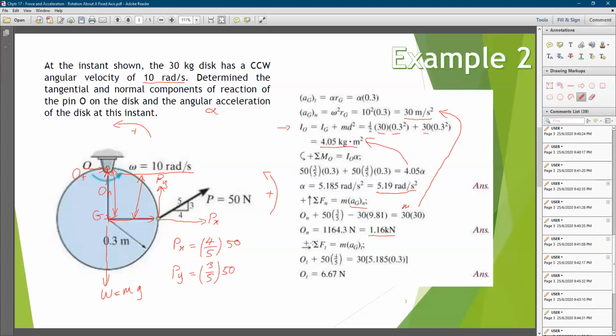Next is the summation of tangential forces on that particular system, with going to the right as the positive direction.